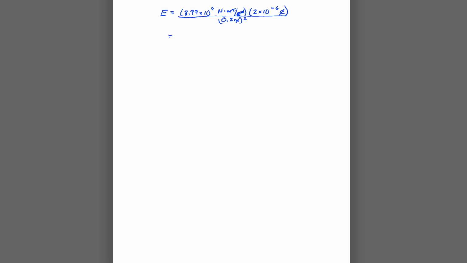We plug this into our calculator. We'll find, once we round to the correct significant figures, that we've got 400,000 newtons per coulomb of electric field at our point P. Again, the direction of the electric field will be discussed in class, and we will need that in order to calculate the electric field due to multiple point charges. So we'll have a little bit more discussion in class before we go into further examples of the electric field.